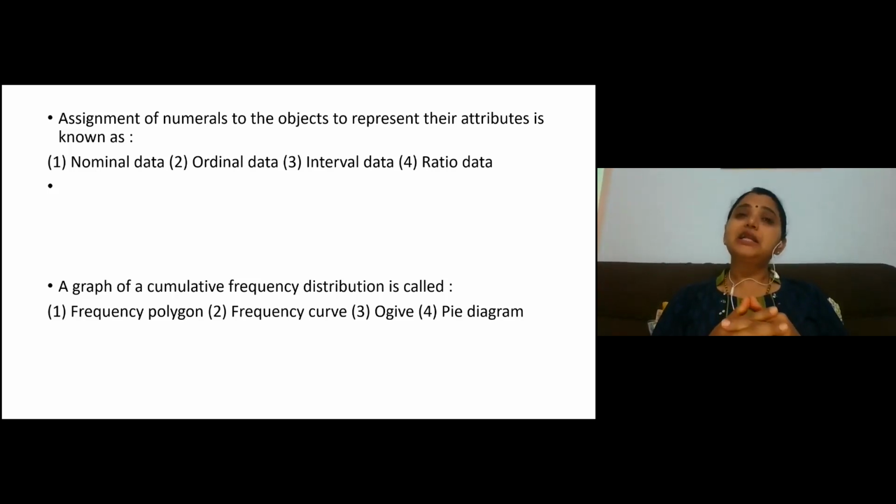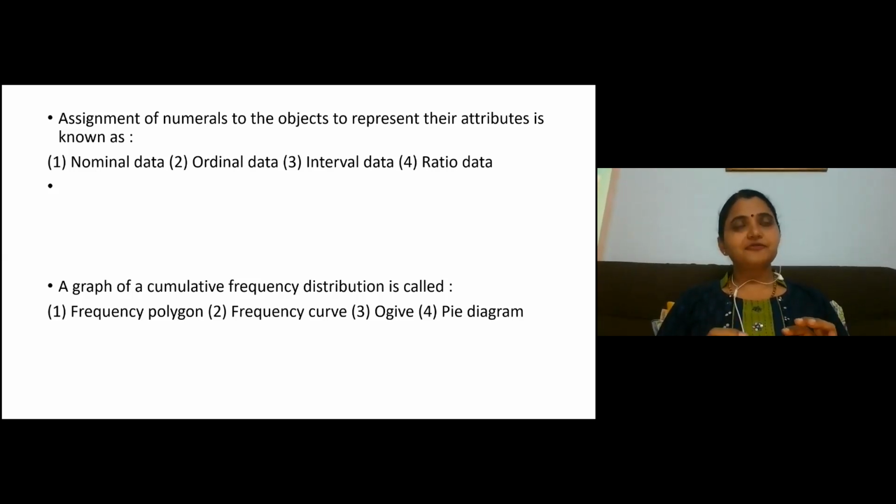In fact, our Likert scale is an example of ordinal data. The Likert scale, where we say strongly disagree, disagree, neutral, agree to strongly agree, or highly satisfied, satisfied, less satisfied, and then neutral. You may have 5-point scales, you may have 7-point scales.